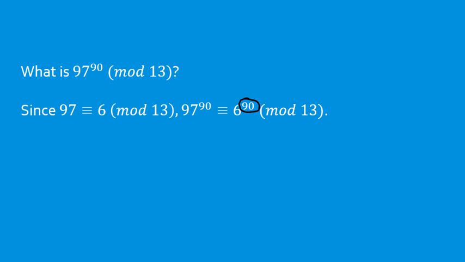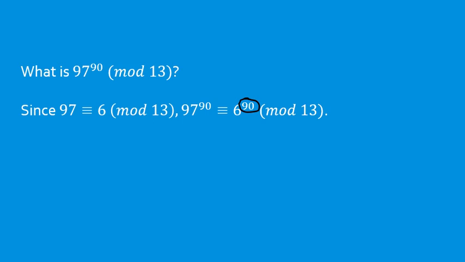Now, there's many ways you could go from here. What I would recommend is try to find some fairly low power of your base, and choose it so that that power is a nice factor of the exponent that you currently have. So here I have 6 to the power of 90.